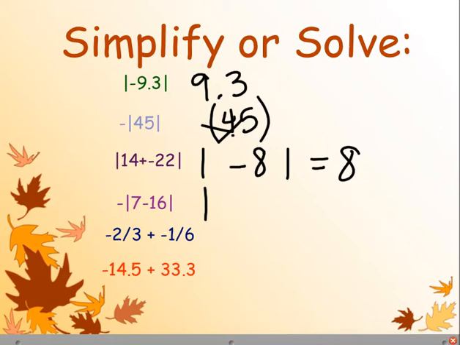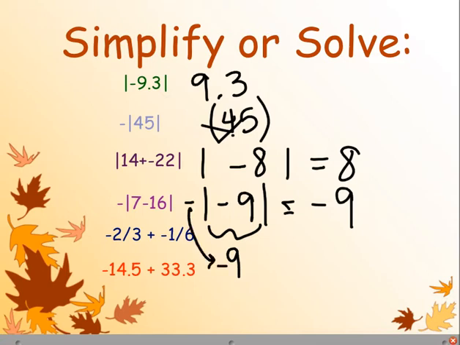We need to do the 7 minus 16 first, so we get a negative 9. Well, the absolute value of negative 9 is just 9. We need to keep that outside subtraction or negative sign, so we say that this is just negative 9, okay? Because the absolute value of negative 9 is 9, but we have to keep this negative sign, okay?